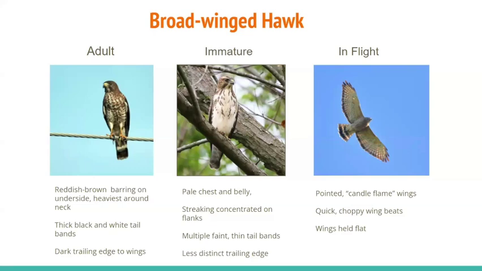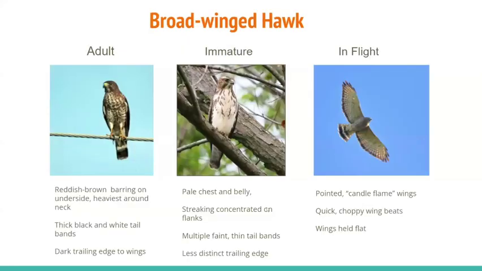As far as immature broad-wings go, they have a very pale chest, and the streaking tends to be concentrated more on their flanks. So it doesn't typically go straight across their chest, but more frames it. They also have multiple faint, thin tail bands, kind of similar to a red-shouldered hawk.